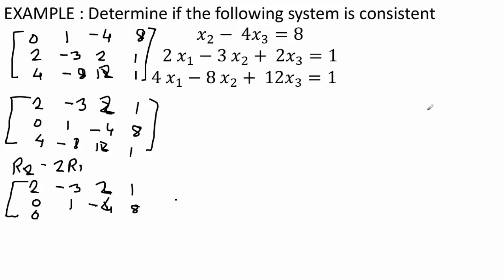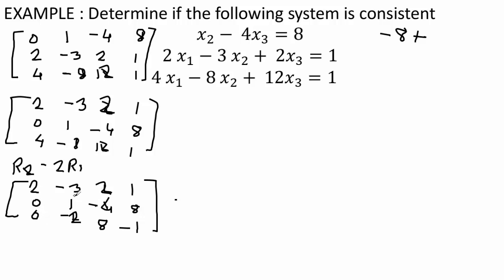That means minus 8 plus 2 into 3, 6. That is minus 2. This row, 12 minus 2 into 2, 12 minus 4, 8. And 1 minus 2 into 1, that is minus 1. Thus, we have made first element non-zero and element below that 0.